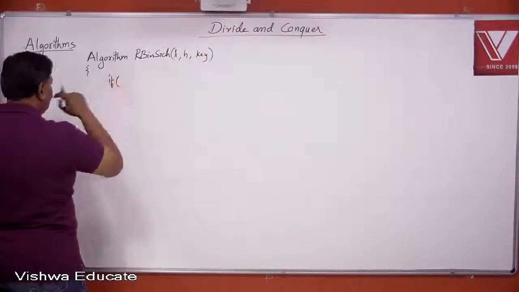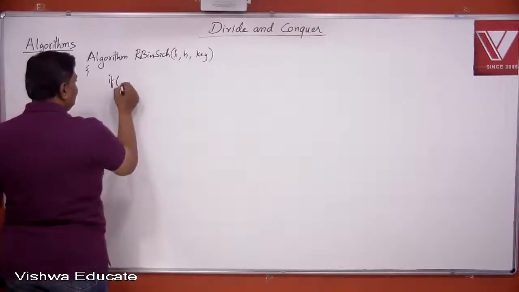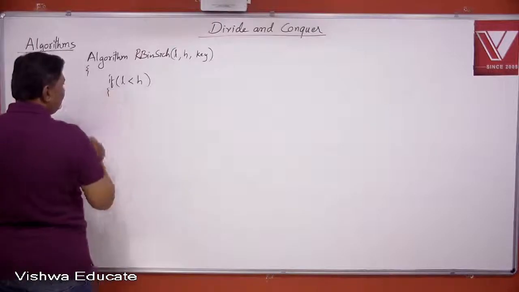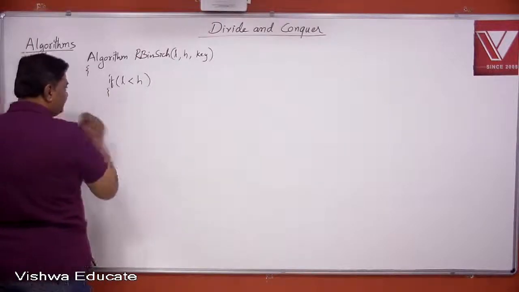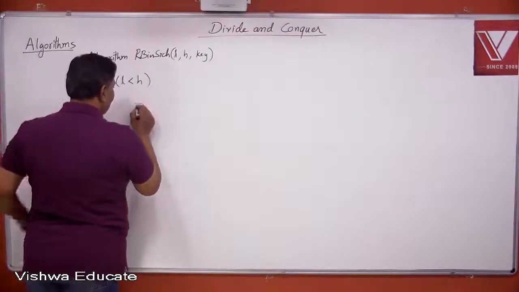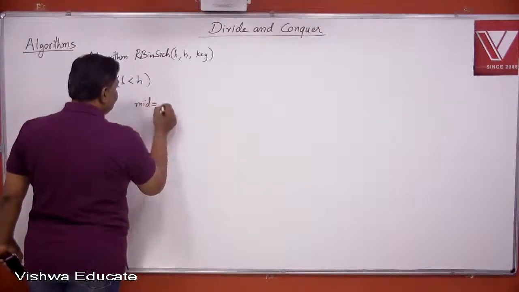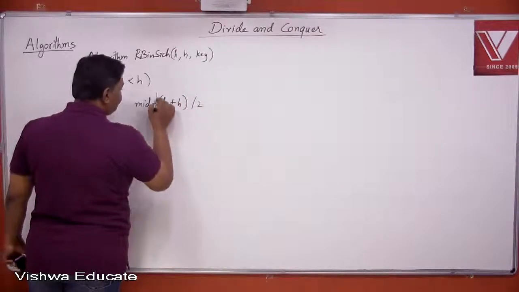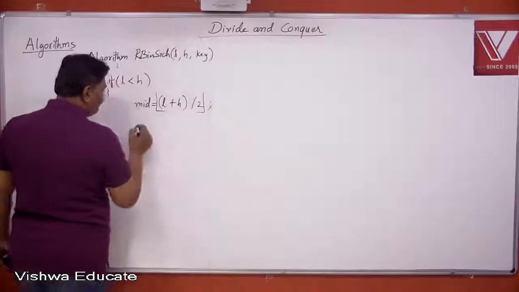If low is less than high, then only continue, right? If low is less than high, find out mid as (low plus high) by 2, and this is the floor value.